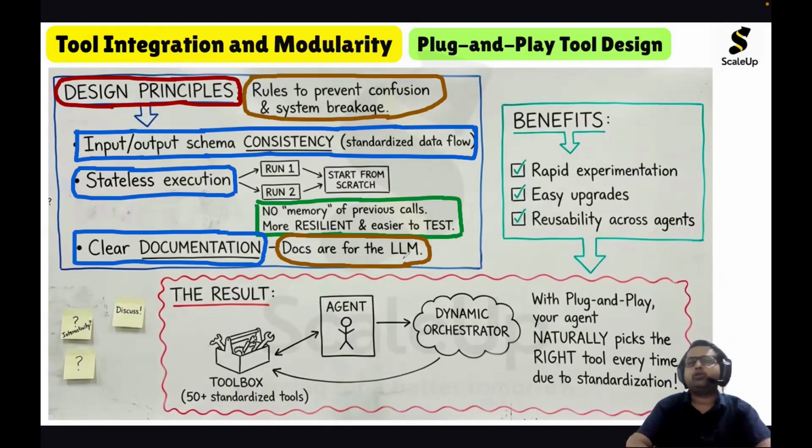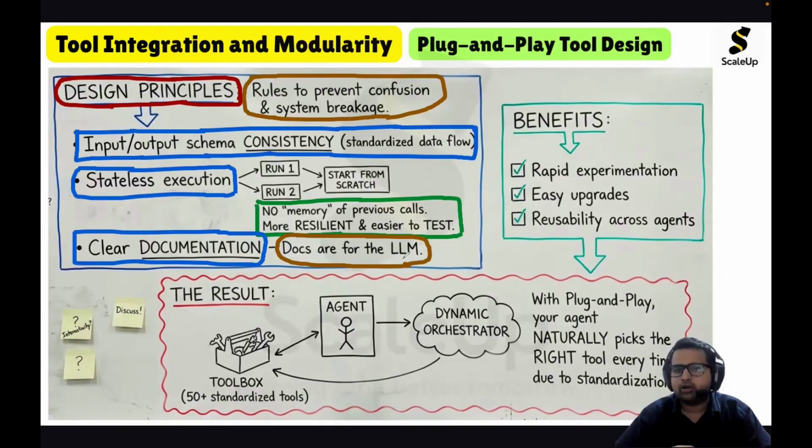So now we looked into some very important design principles for plug and play tools. Plug and play tools should follow a standard input output schema so that we can very easily plug them into any AI agent. They should follow stateless execution, so they should not keep a memory of previous calls.